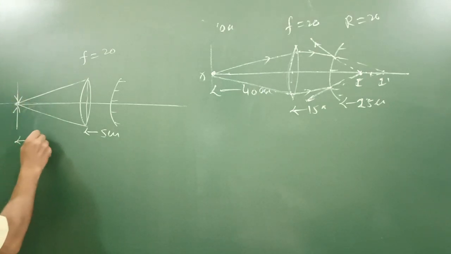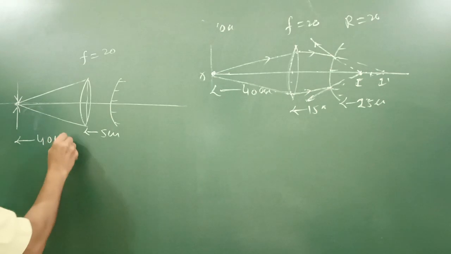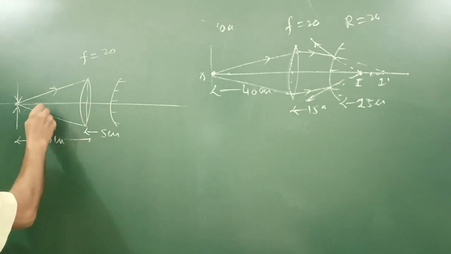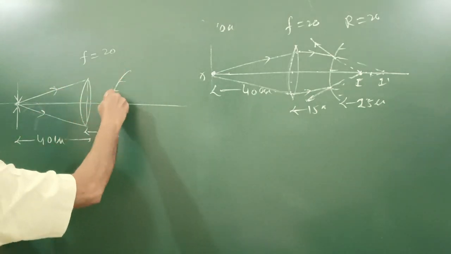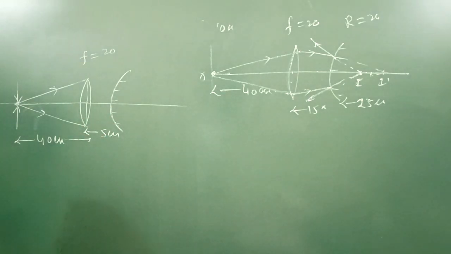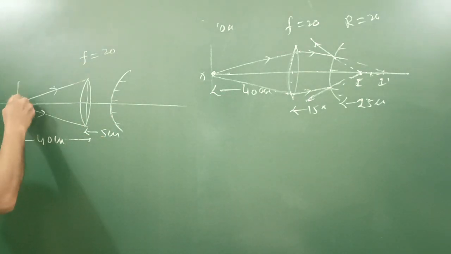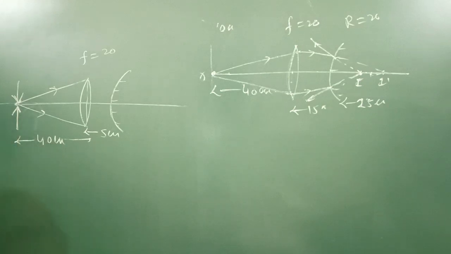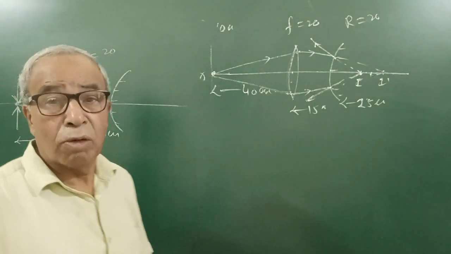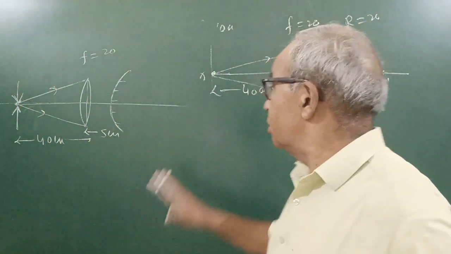We place the object at 40 centimeter from this convex lens, and when we place this mirror at 5 centimeter, the image is formed on the object itself. Find the radius of curvature of this mirror.